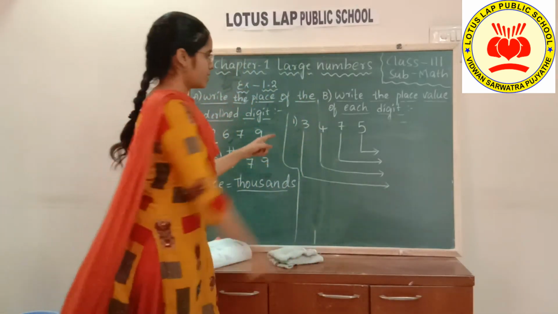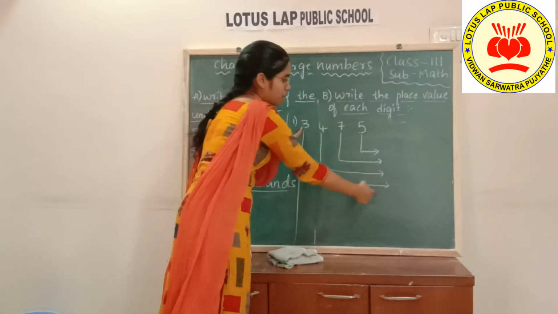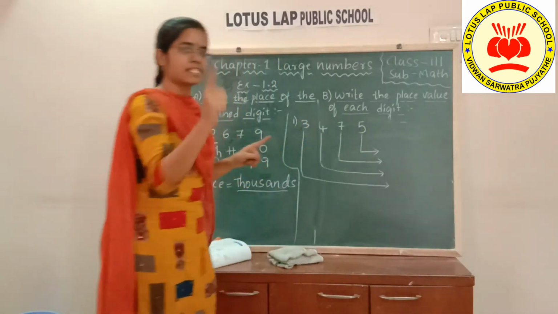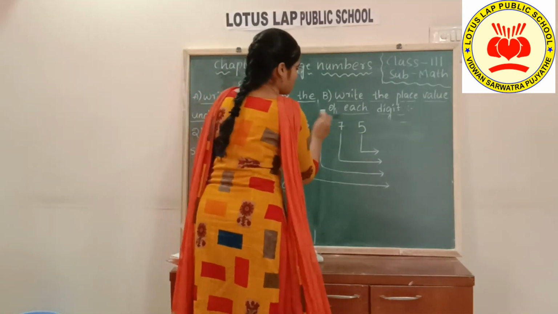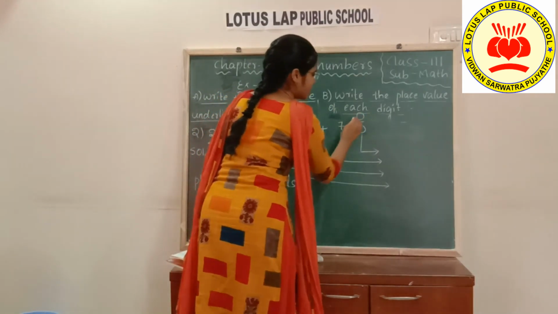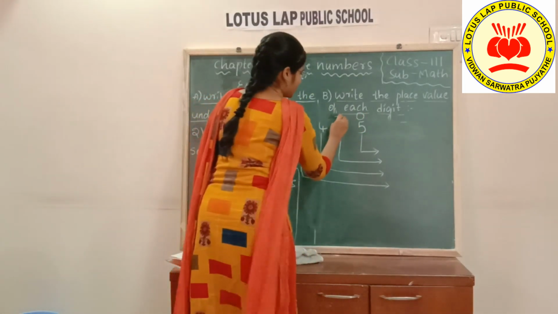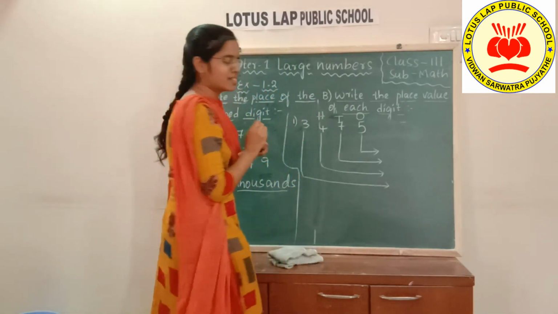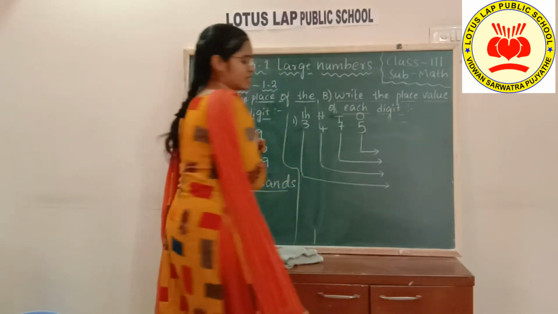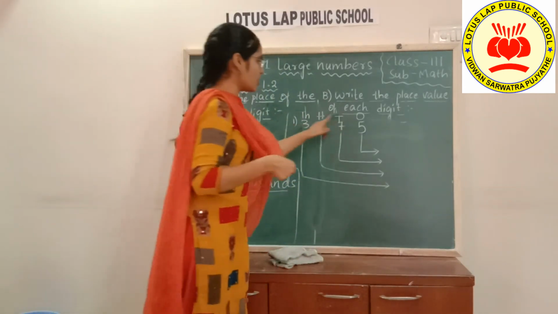Before writing the place values, we need to write the places first. Ones, tens, hundreds, thousands. These are all the places.